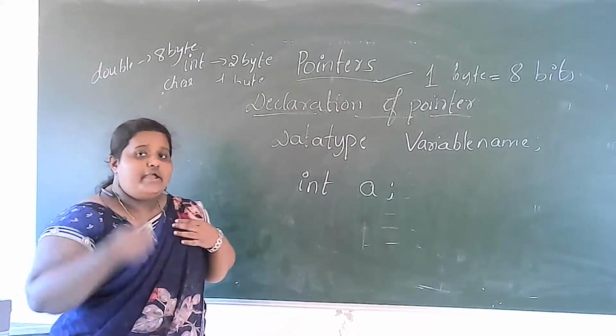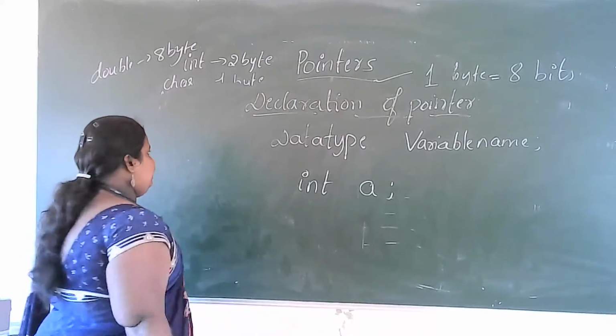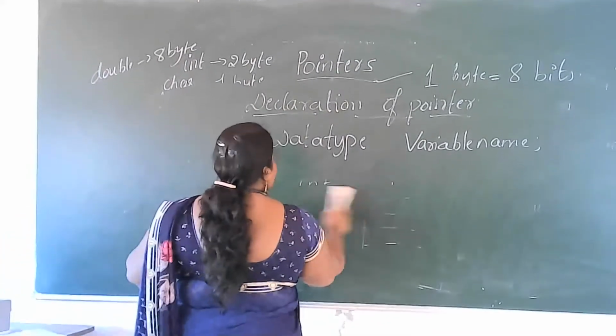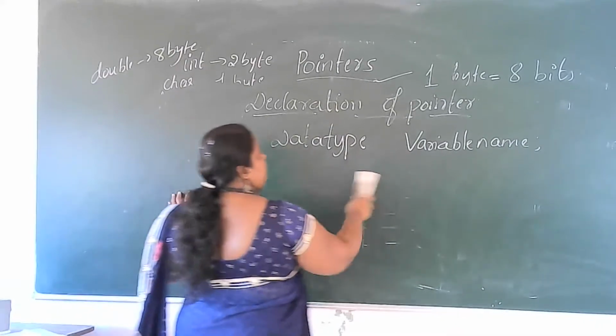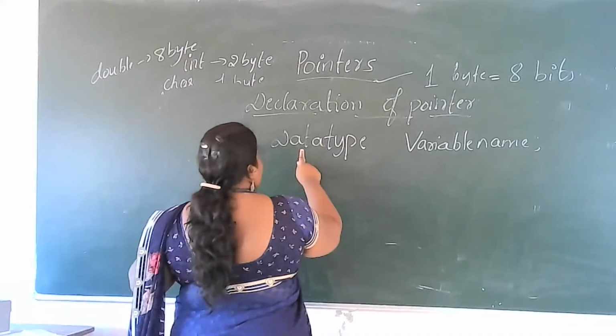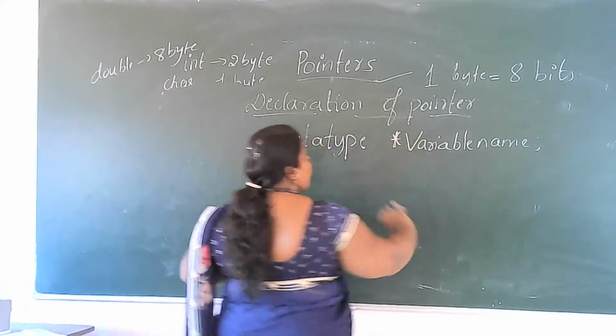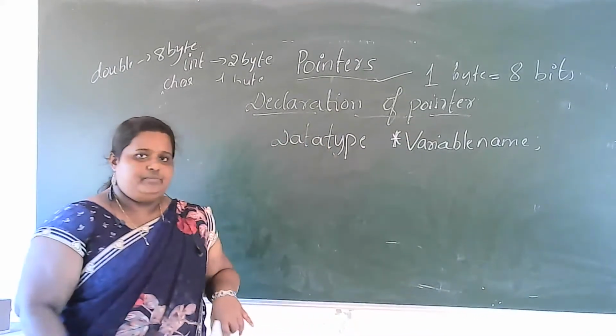Now how do you declare a pointer variable? A pointer variable is declared as data type, star, variable name.